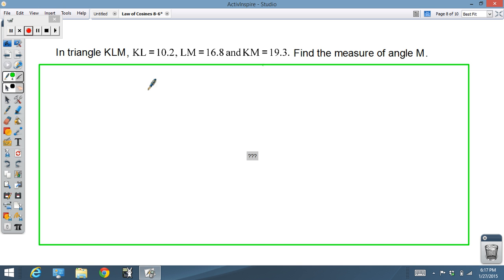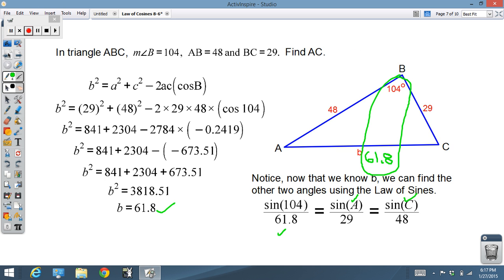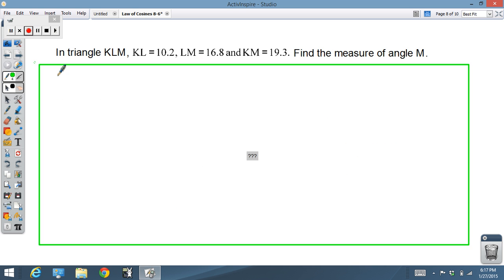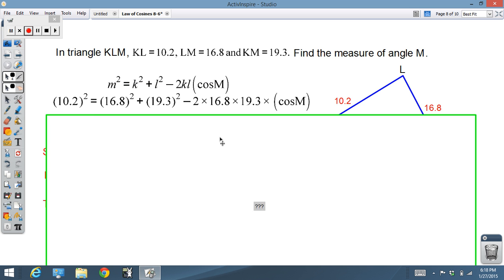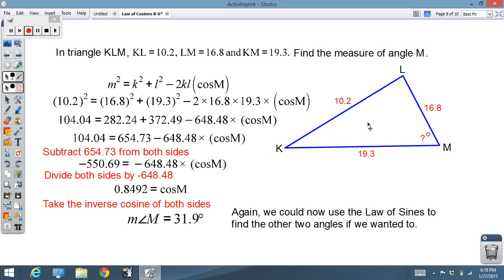So this is another one of those situations where the last time we had two sides and the angle between them. This time, here's how we're going to solve a triangle, knowing three side lengths. Okay, the other application of the law of cosines. Pause if you want to try it on your own. Answer coming right now. Once again, draw your triangle, label it.